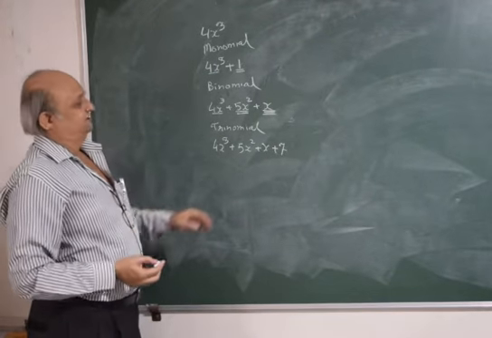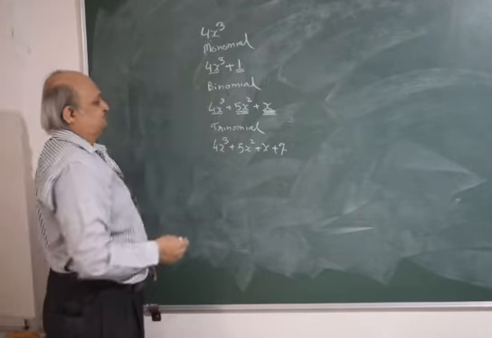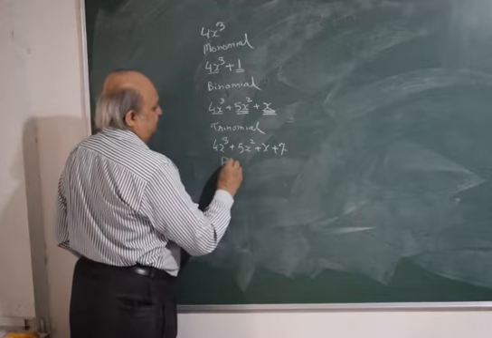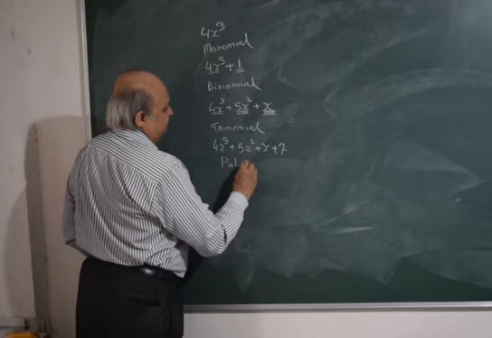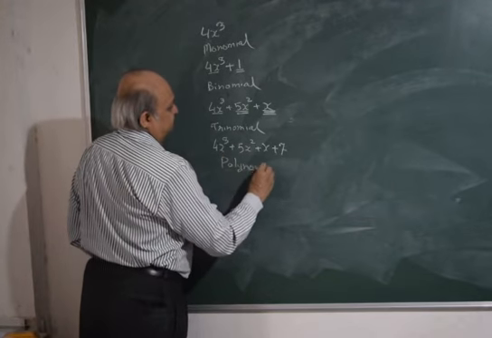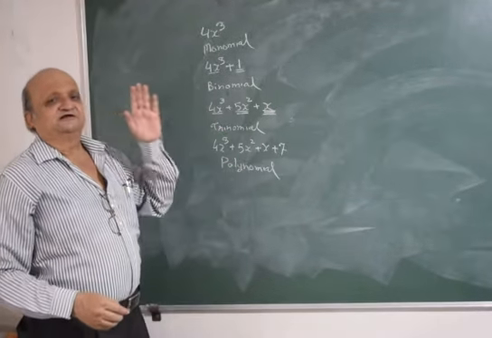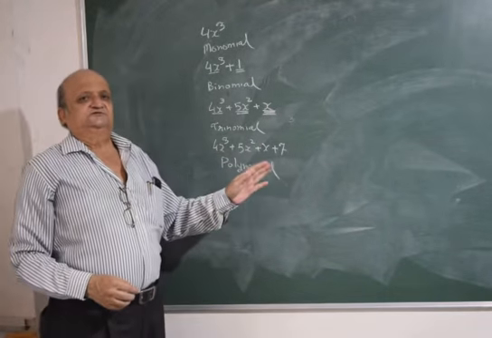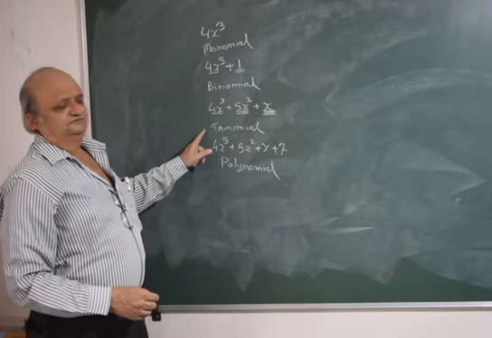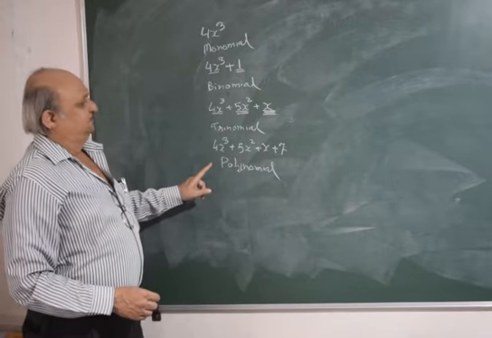Any question having more than 3 terms is now called polynomial. It may contain 5 terms, it may contain 10 terms. The moment it is more than 3, we call it a polynomial.